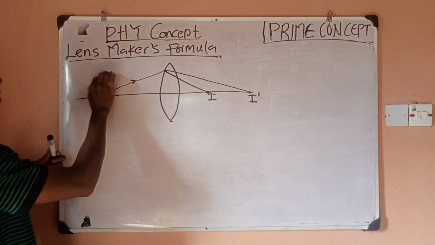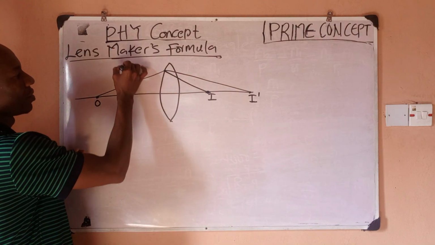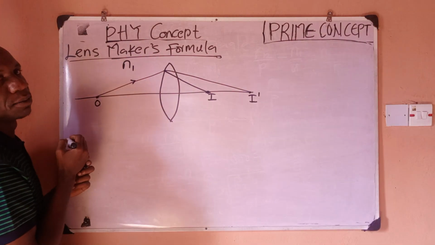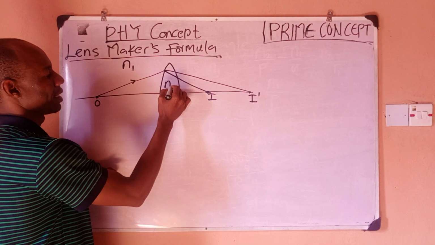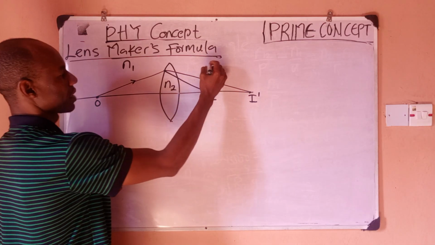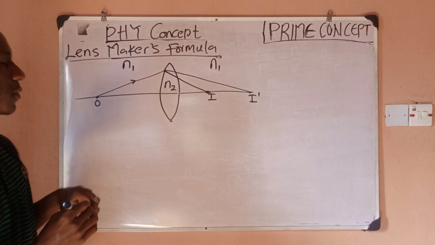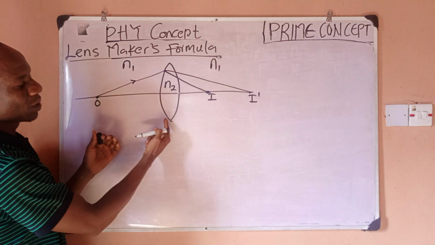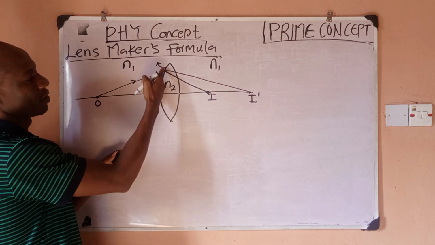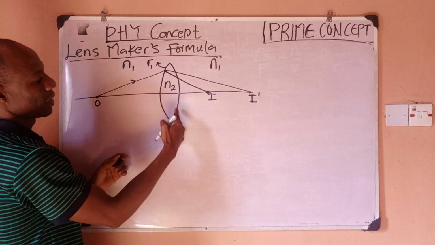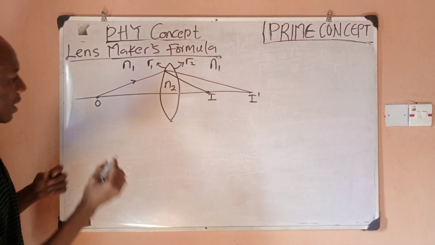Now, since I'm moving from air into glass, I'm going to call the refractive index of this first medium N1. Then the refractive index inside the glass, I'm calling N2. The refractive index outside there, we'll call N1 because it's the same as this. Also, since we have two curved surfaces here, I'm going to call the radius of this first surface R1, and the radius of this second surface R2.